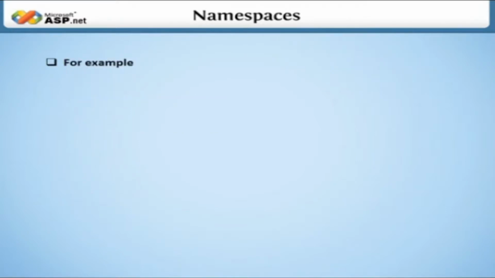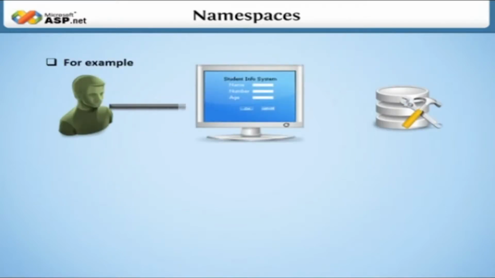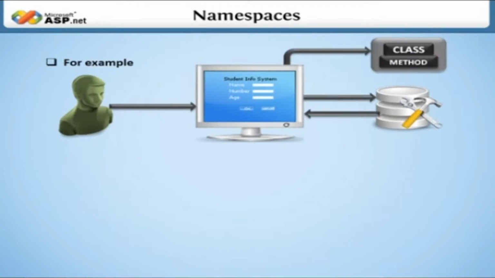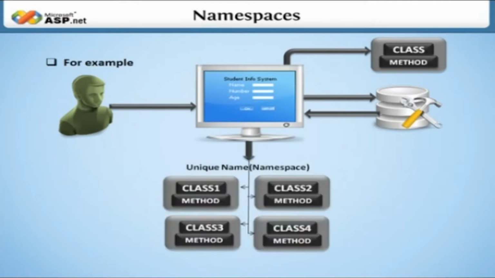For example, if you want to perform any database transaction in your application, you have to use classes and methods which are used to perform transaction. Now, those classes and methods are grouped under a unique name. You can import that unique name in your application to invoke files within it.